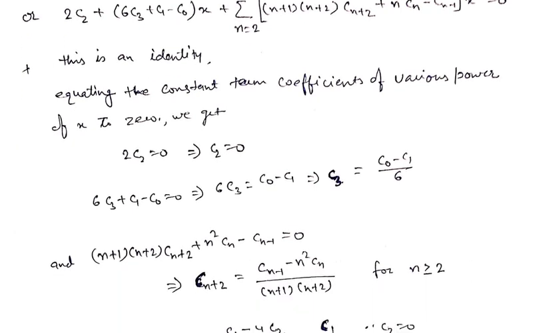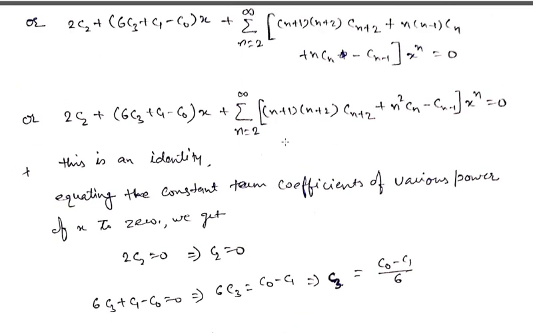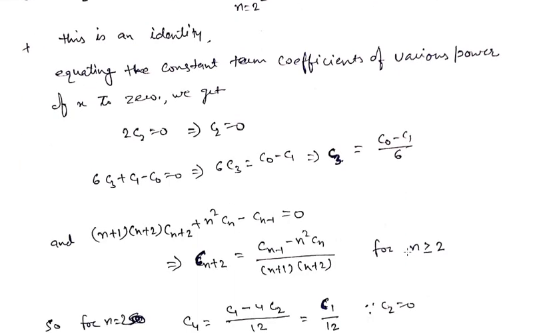Now, to obtain the recurrence relation, we put the coefficient of x squared equal to 0, x cubed equal to 0, which is a common term. So equating the coefficient of x to the power n equal to 0, we get a relation between the c_{n+2} term and the c_n and c_{n-1} terms, where n is greater than or equal to 2, as the series is starting from 2.